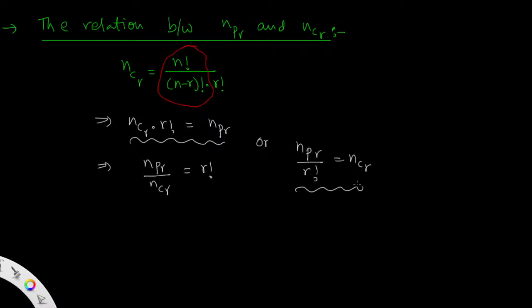These are the relations between nCr and nPr. So permutation is selection plus order, permutation is selection plus arrangement, and the selection of things is nothing but combination.